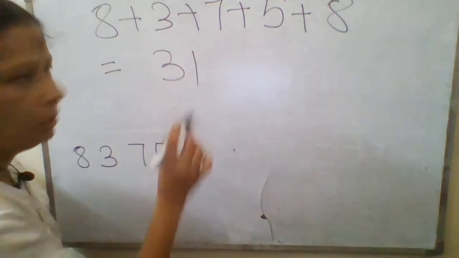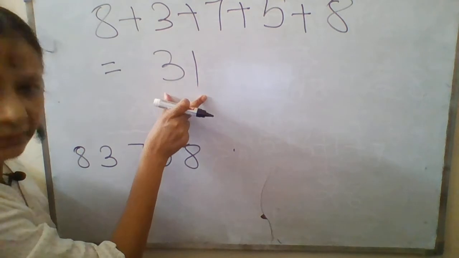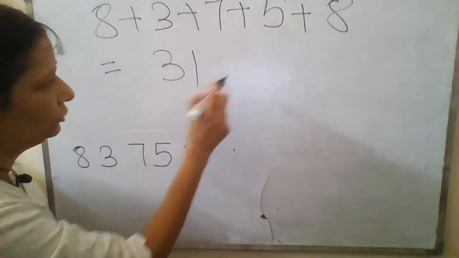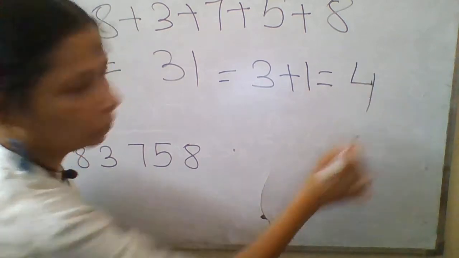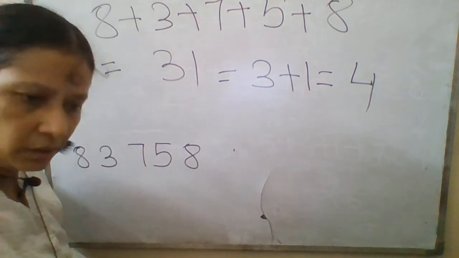Now again you see this is not a single digit. So what will you do? You will do 3 plus 1, which is equal to 4. So 4 is your digital root here.